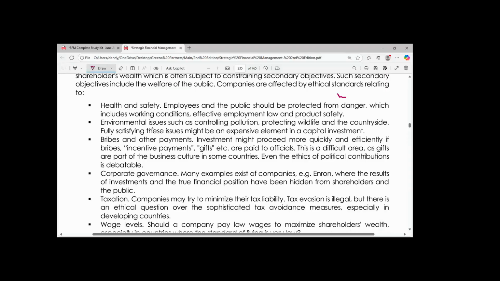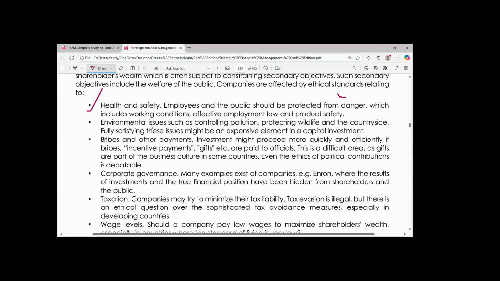What about the safety of the equipment on site? You also need to consider the safety of all of that. So employees and public should be protected from danger, which includes working condition, effective employment law, and product safety. All of these are some of the ethical issues that we need to consider in capital investment.